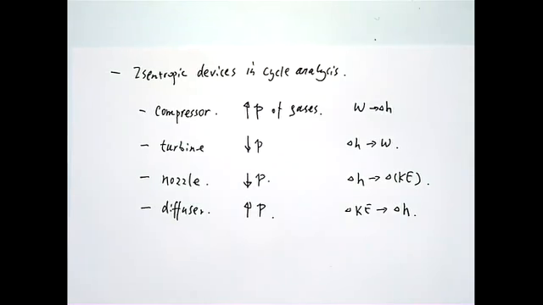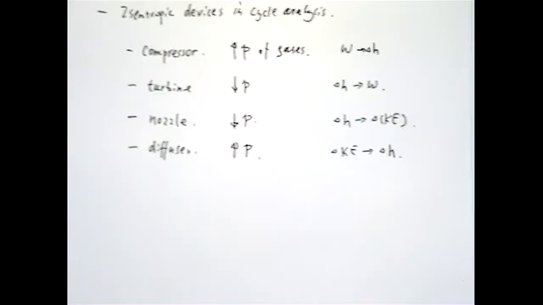All right, so that's several devices where we consider the process going through them as isentropic, so that we can apply the equations we just learned to calculate the temperature, pressure, and volume change going through these devices.